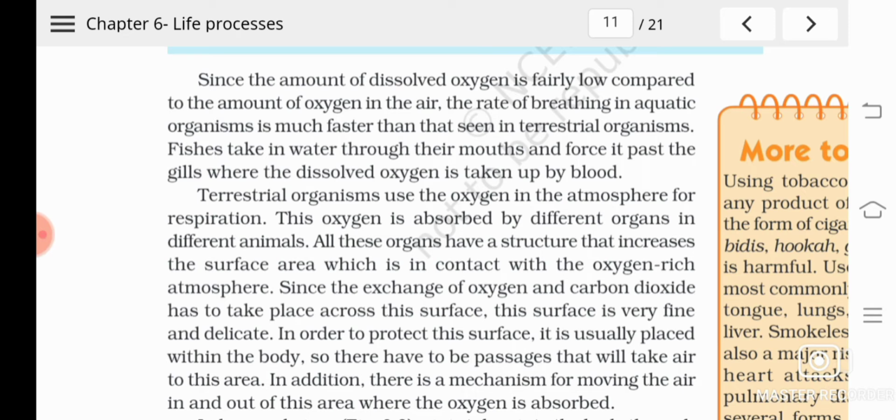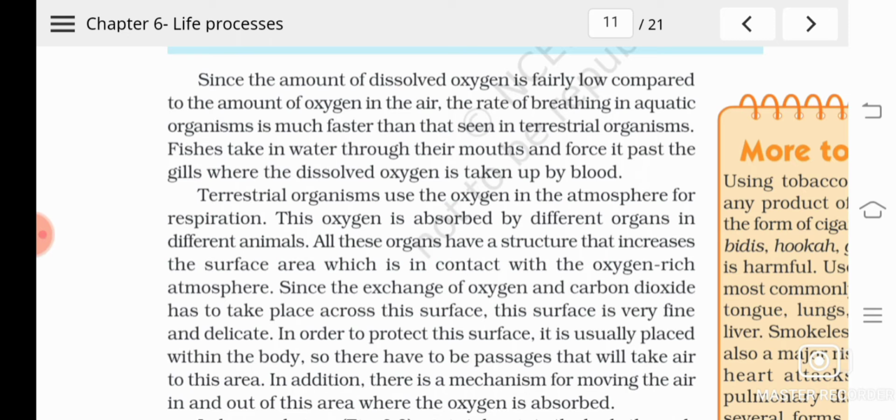While doing so, exchange of gases takes place: the dissolved oxygen will be taken into the body by the gills, and the carbon dioxide produced will be expelled out. Understood? As the dissolved oxygen is less when compared to the atmospheric oxygen, the rate of respiration in aquatic organisms is more.